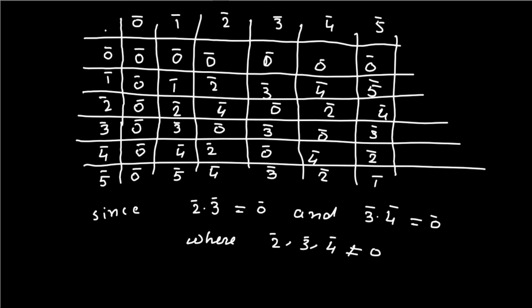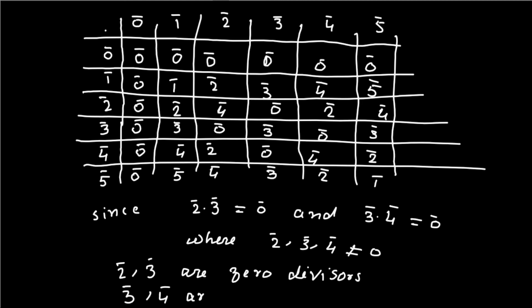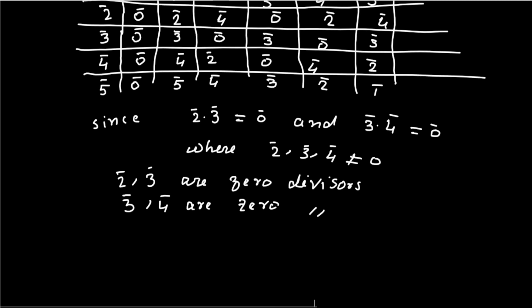So there are two types of zero divisors: 2 and 3 are zero divisors, and similarly 3 and 4 both are zero divisors. So this completes the example.